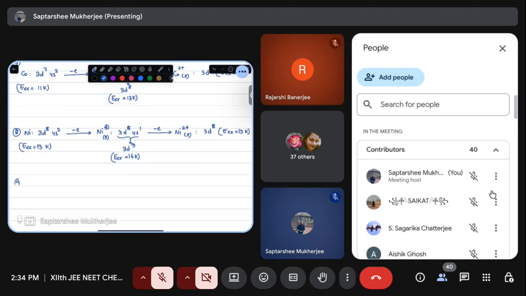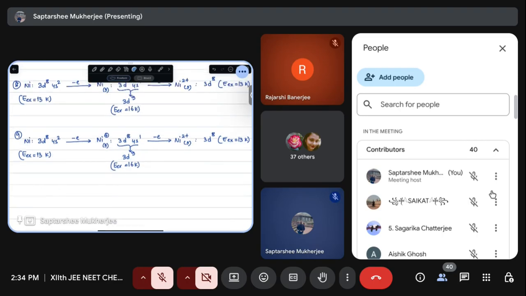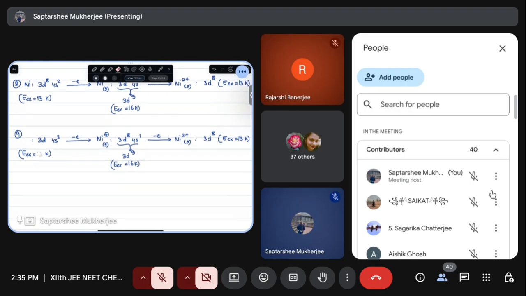Then if I wish to do for copper, so let's say copper, it is 4s1 3d10.